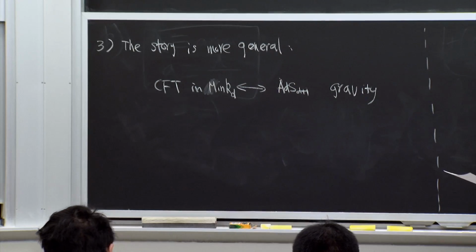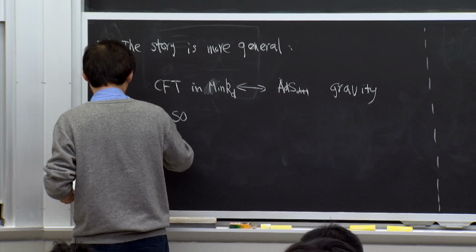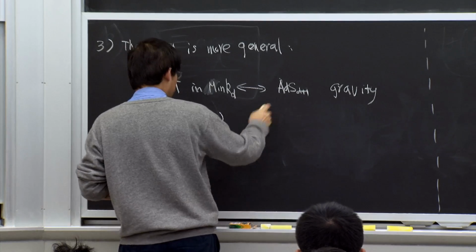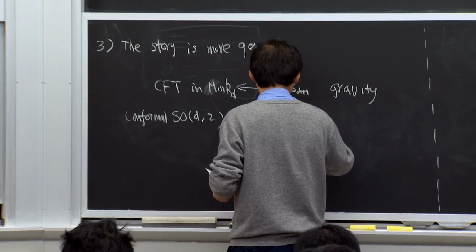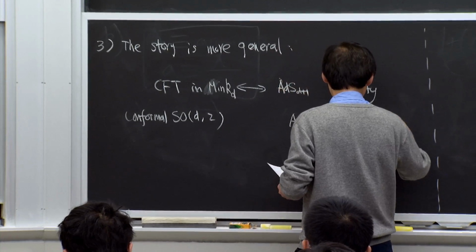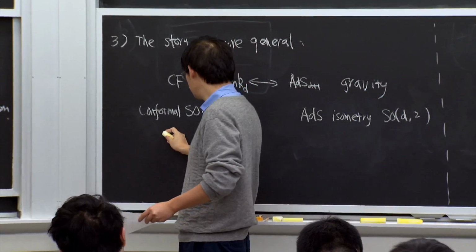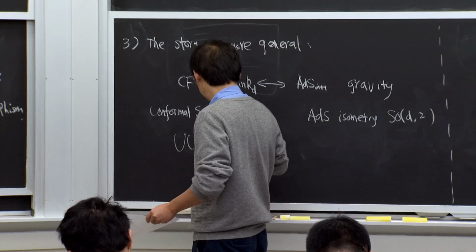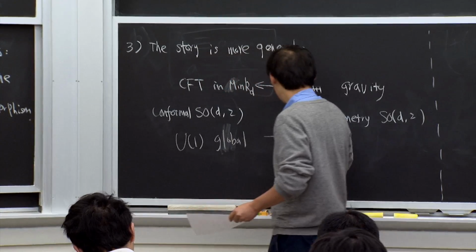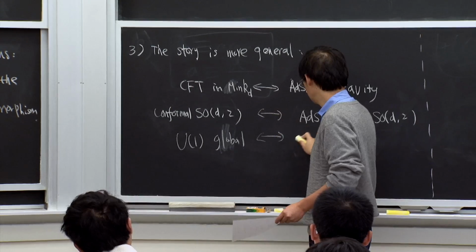In any such duality, you always have the conformal symmetry, which is SO(D,2), mapped to the AdS isometry SO(D,2). And any internal symmetry, say if you have some U(1) global symmetry here, then this will be mapped into a U(1) gauge symmetry.